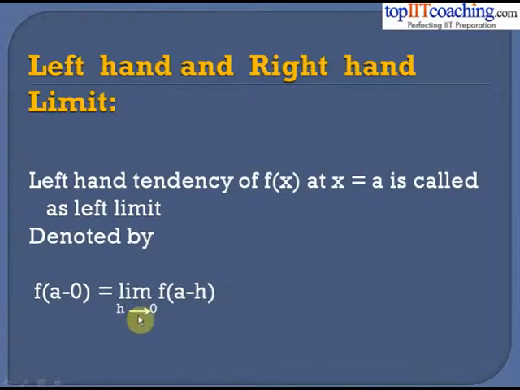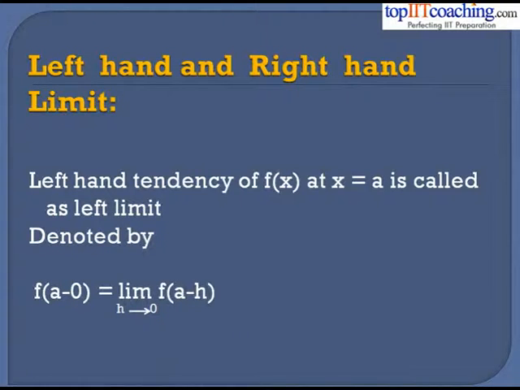Here h is a positive quantity very much close to 0, and we are taking x equal to a minus h, which is very much close to x equal to a. The value of function f of a minus h when h tends to 0 is called the left hand limit.